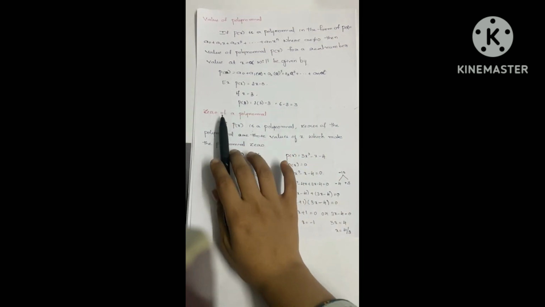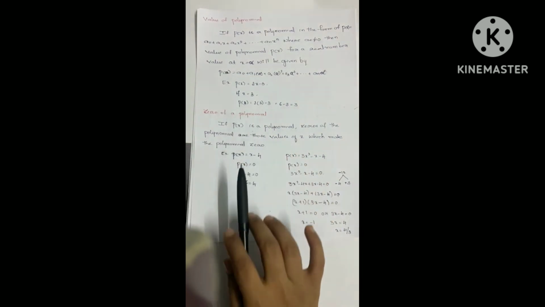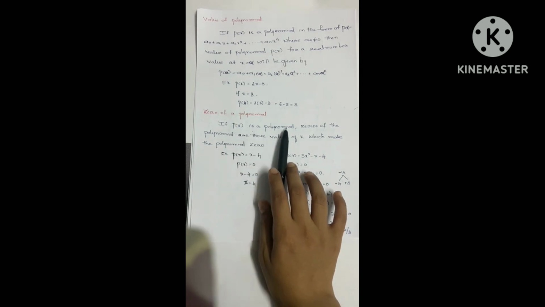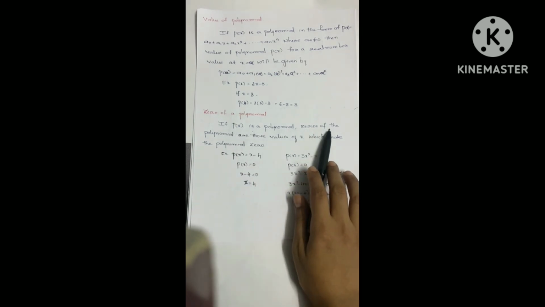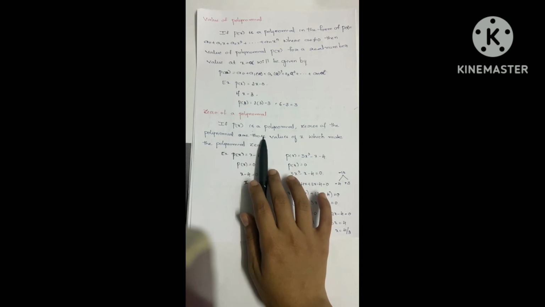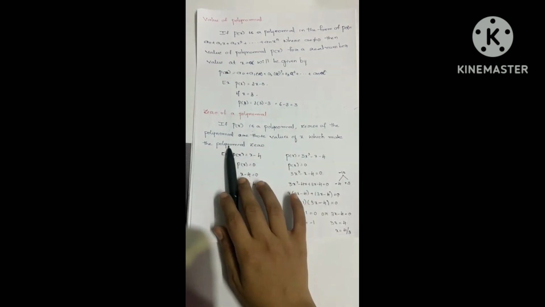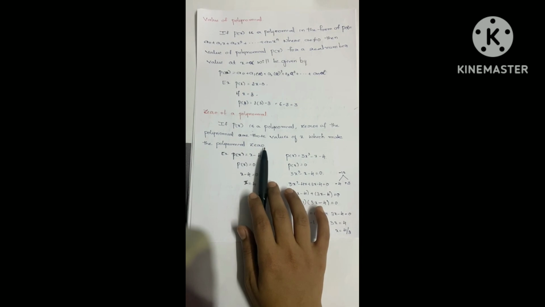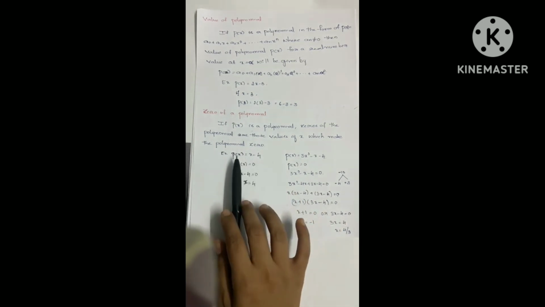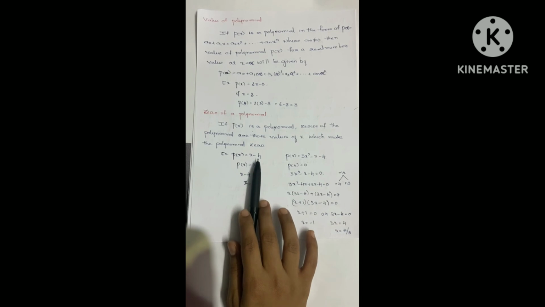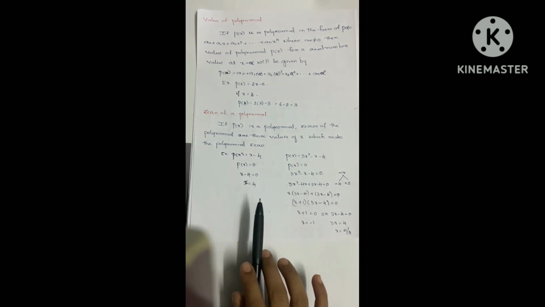Next, zeros of a polynomial. If p of x is a polynomial, zeros of the polynomial are those values of x which make the polynomial 0. So let's take one example here. p of x is equal to x minus 4.